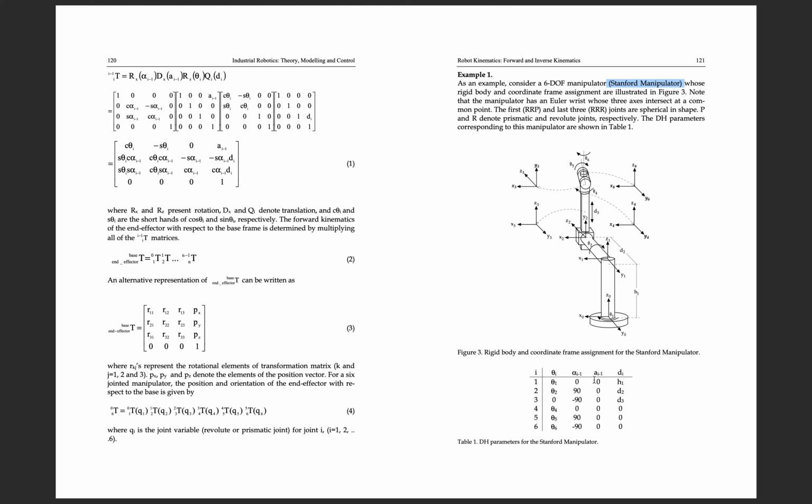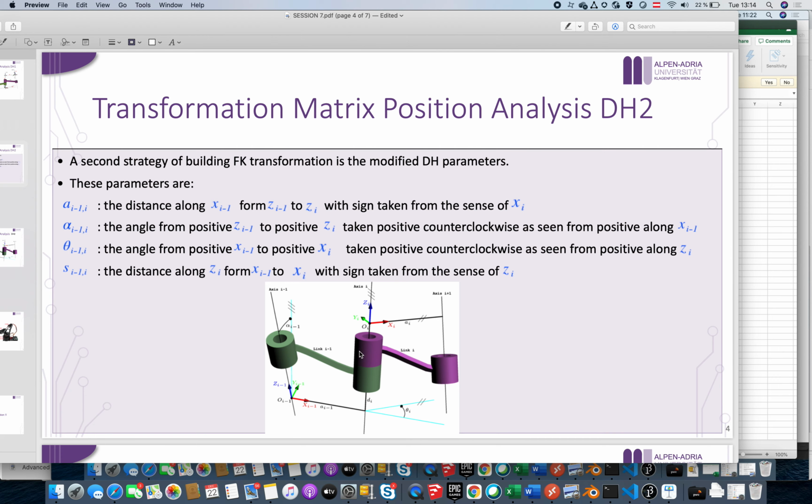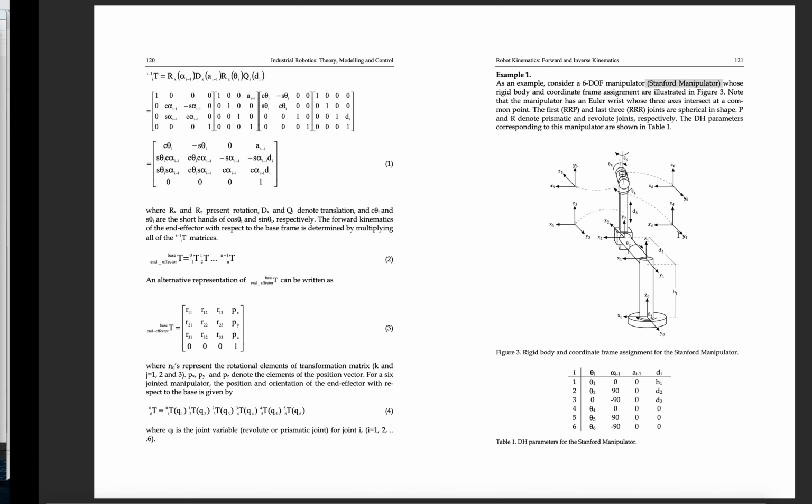And this alpha is the second rotation, which is the rotation around the x-axis, in this case x0, and that creates an angle between z0 and z1. Here it is 0 and there is 1, and there is no rotation around x. This degree of freedom doesn't exist, right? So this is why it is 0.